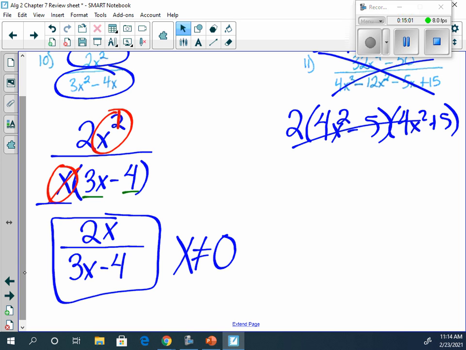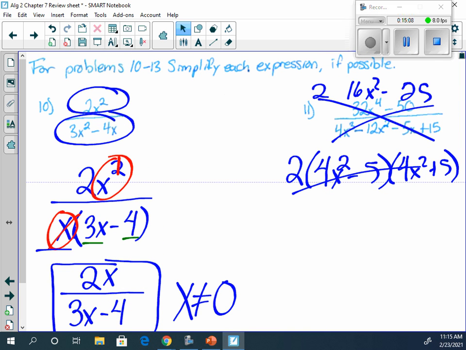Okay. I have a feeling most of y'all, when you looked at this here, number 11 was probably a little bit scary, didn't know what to do with it. So you're not going to worry about it. Because if we were to solve it, we would do what I did there with the first part and then factor by grouping for the denominator.